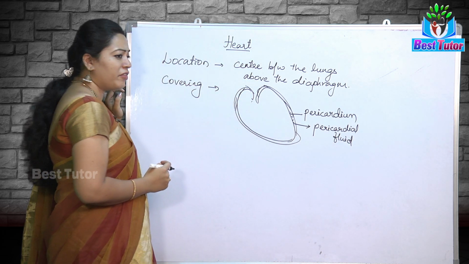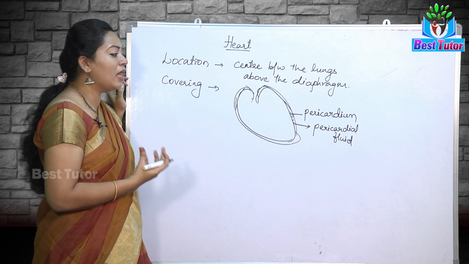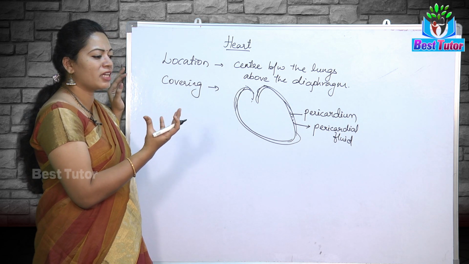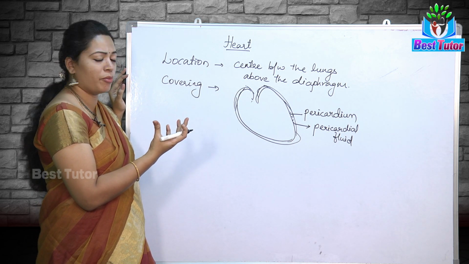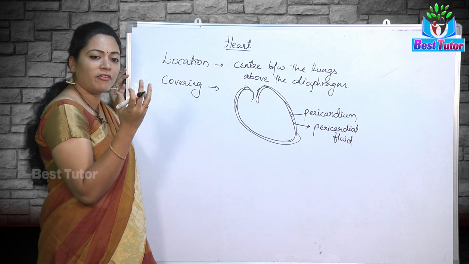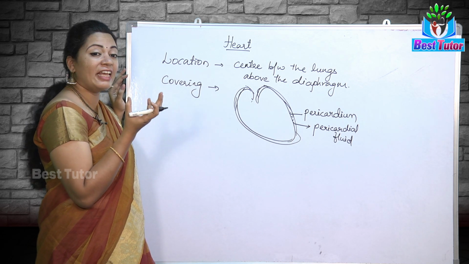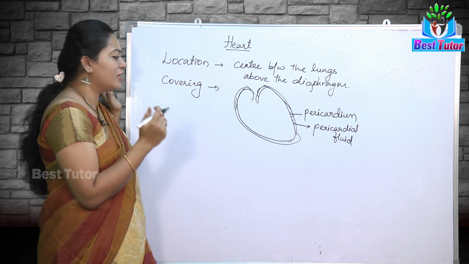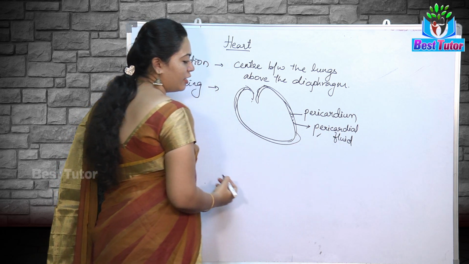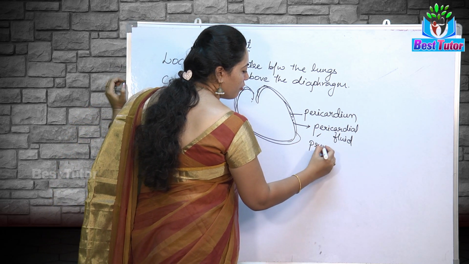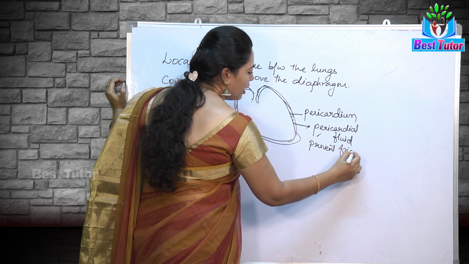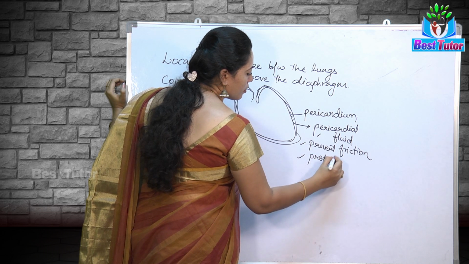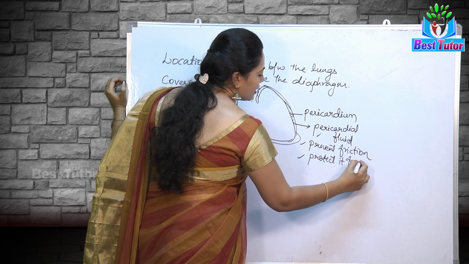As you all know, wherever we have these fluids in any organ, they help with protection from any kind of mechanical injury. Also, the heart undergoes a kind of working, a principle that we will be learning about in the next video, and the pericardial fluid also prevents any kind of friction, allowing the heart to function easily, and protects it from mechanical injuries.